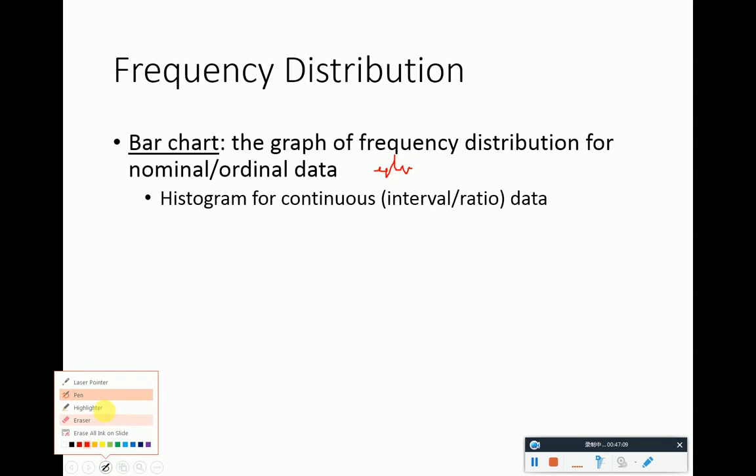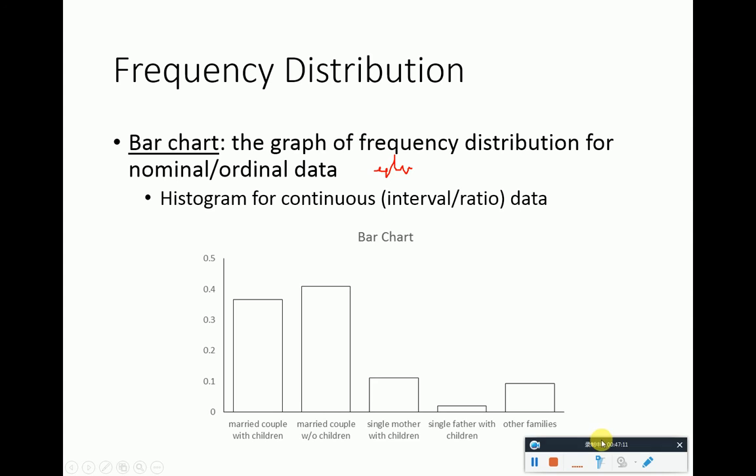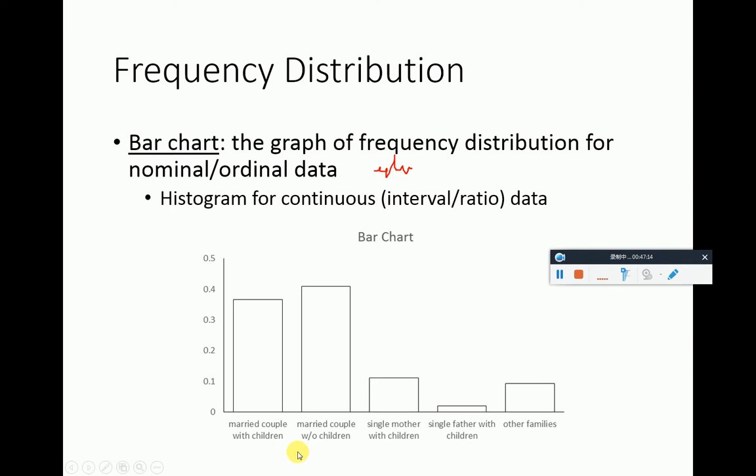So we can easily tally, for example, how many people in our sample have a bachelor degree, how many have a master's degree, and how many have a PhD degree. Here, my example is a categorical variable, family type. This bar represents married couple with some children. This bar means married couple without children. This is single mother with children, single father with children, and the remaining types of families.